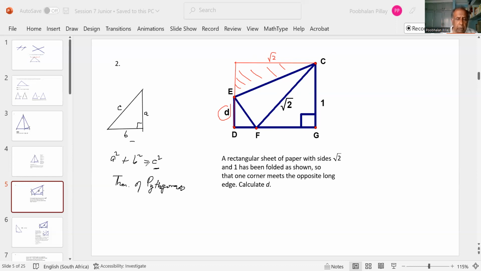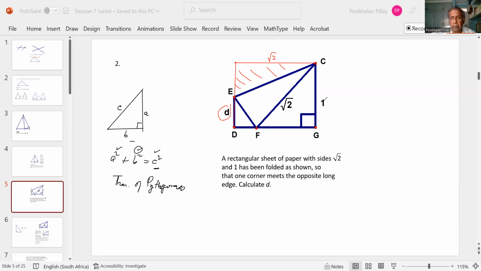The nice thing about Pythagoras' theorem is that if you know any two sides, you can find the third, because you have an equation which links the three sides. In this case, the third side is FG.